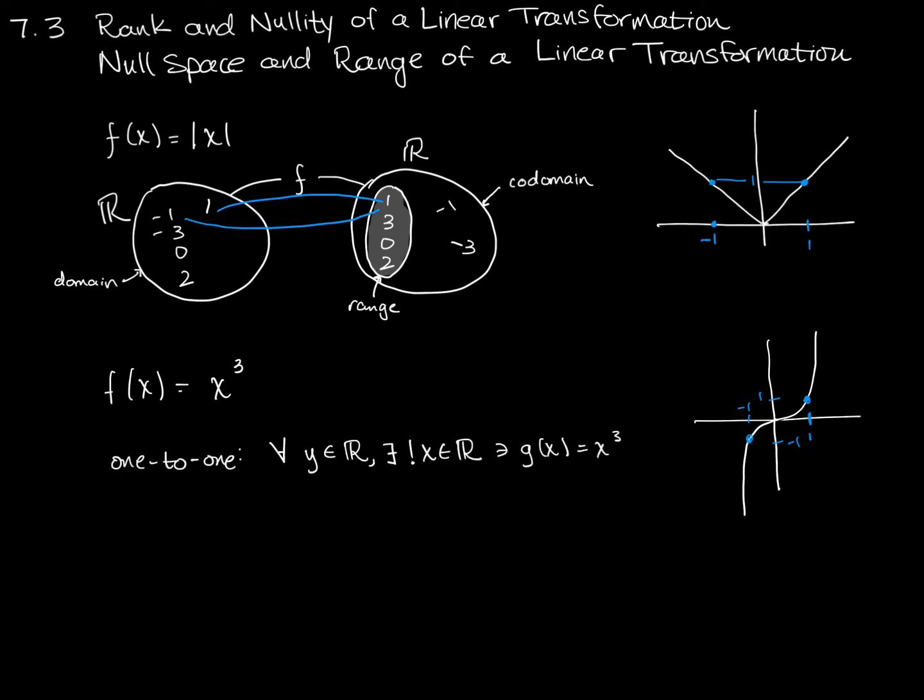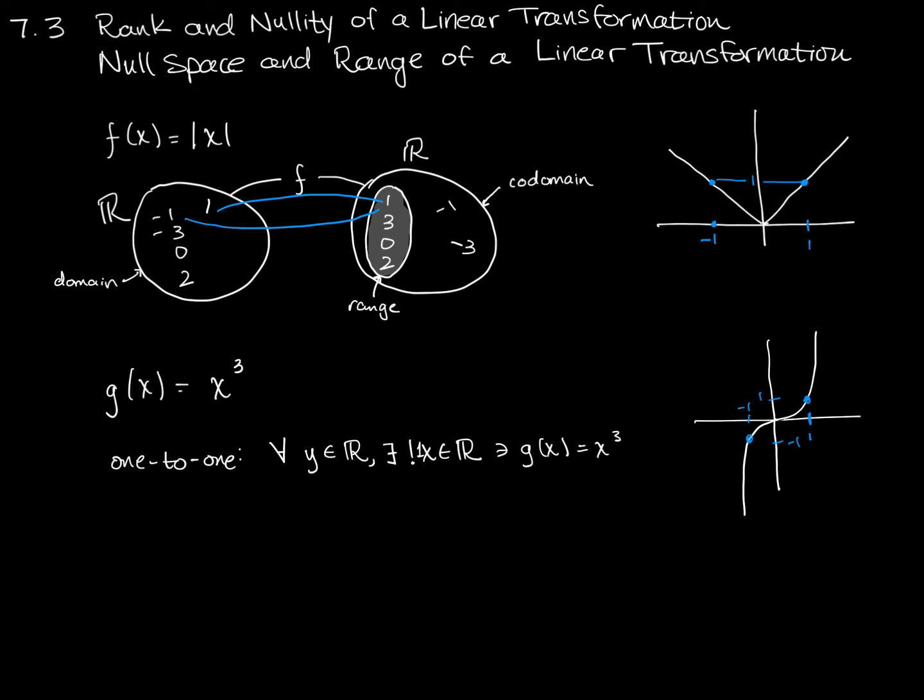Here's a definition, and I'm going to change my function name because we already have a function f of x up here. So here's our function g of x. The idea of being one-to-one means that for every y in the real numbers, which is my codomain, but it's also going to be my range, as it turns out, there exists exactly one x in the real numbers such that when I plug it in, I get x cubed.